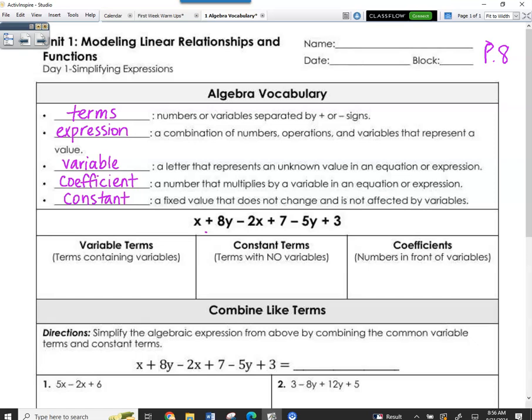There you go. So if I'm asking for a coefficient, that means I'm asking for just numbers. There should be no letters, no variables. Variables should have letters.